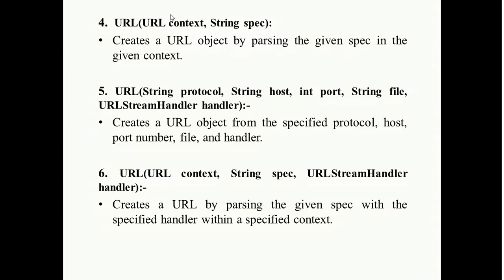This constructor creates a URL by parsing a given specification with the specified handler within a specified context. So these are the 6 constructors of the URL class. So this is all about URL format and URL class and its methods.